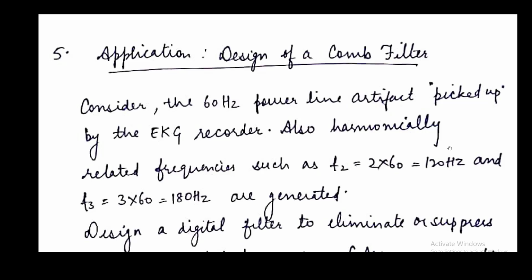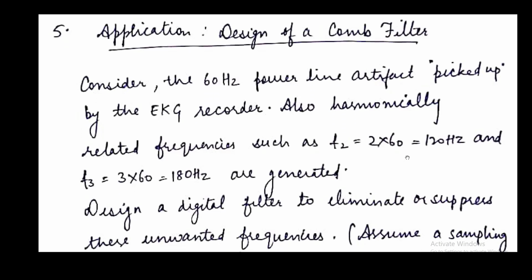For that we are again considering a 60 Hz power line artifact that is picked up by an EKG recorder, and we also have some harmonics of that frequency, such as the second harmonic at 2 into 60, which is 120 Hz, and then another harmonic at 180 Hz, which is 3 into 60. So they are also generated along with the fundamental frequency of 60 Hz.